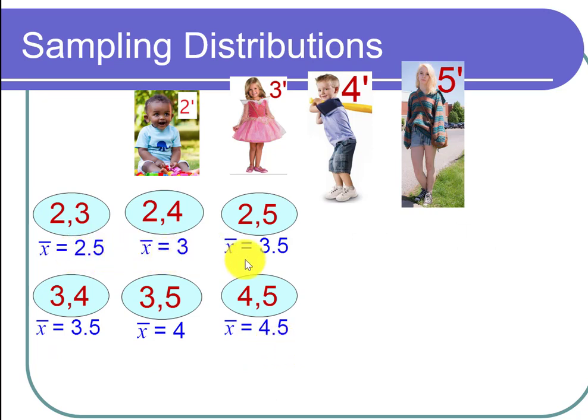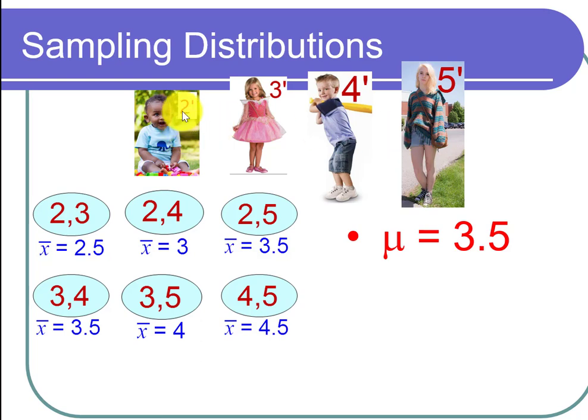Now that we have all of the sample means, let's talk about just the population mean. Well, if I take the average of 2, 3, 4, and 5, well, 2 plus 3 is 5, plus 4 is 9, plus 5 more is 14. 14 divided by 4 is 3.5. So I can say the population mean is 3.5 for these 4 children.